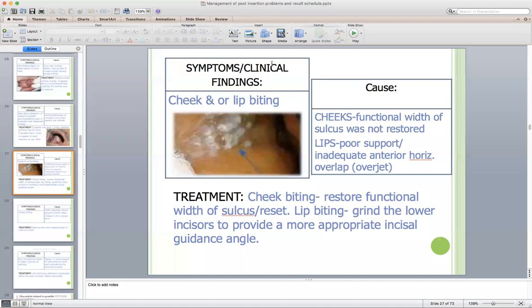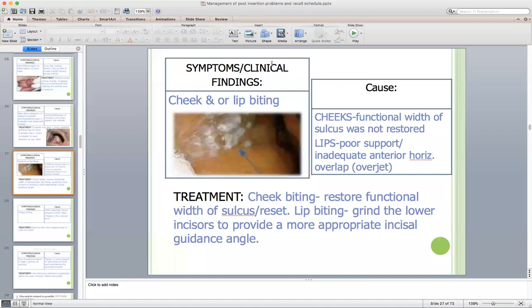And when the lips come in between the maxillary and mandibular denture teeth, it is because of poor support or inadequate anterior horizontal overlap, that is, inadequate overjet. So in case of cheek biting, restore the functional width of the sulcus, either by trimming, and if it is excess, then we have to rearrange our teeth.